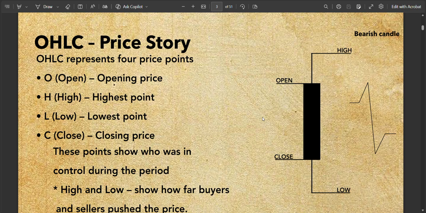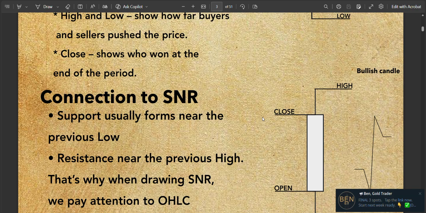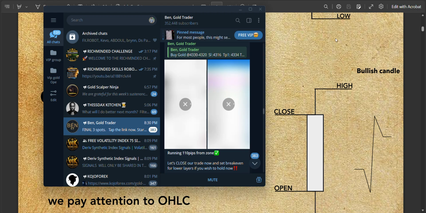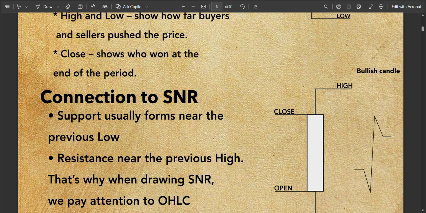As you can see in these examples, when we come to the connection to SNR, support and resistance, support usually forms near the previous low and resistance near the previous high. That's why when drawing support and resistance, we pay attention to open, high, low, close.